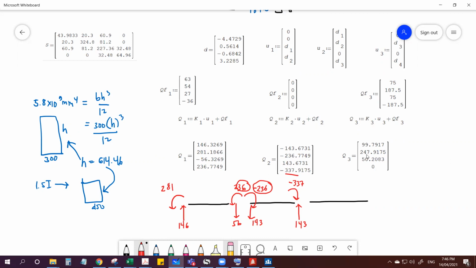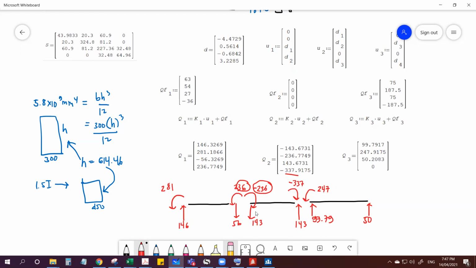For member 3, I have 99.79 and a moment of 247. 247. And 50 as reaction and 0 moment. I no longer add the decimal digits.